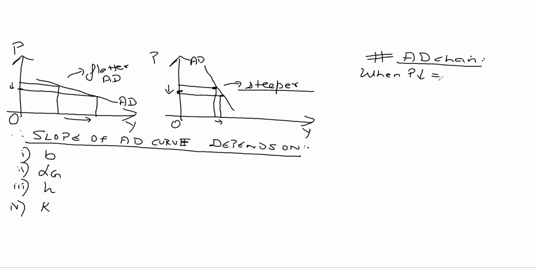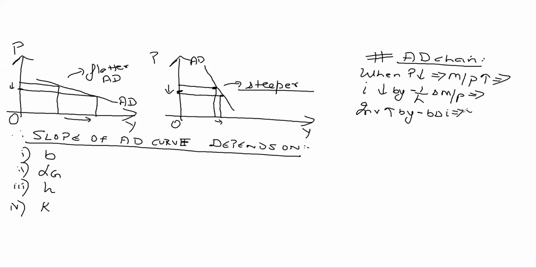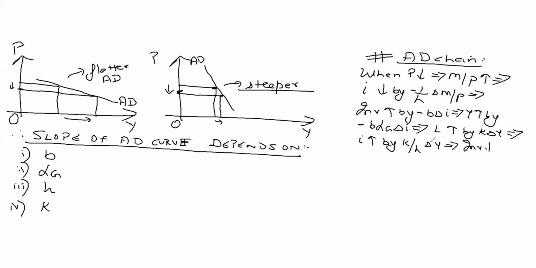When P falls, M by P goes up, interest rates fall by minus 1 upon H change in M by P. Investment rises by minus B change in I. Output rises by minus B alpha G change in I, which implies money demand rises by K change in Y, which implies interest rates rise by K by H change in Y, which implies investment falls by minus B change in I dash, which implies output also falls by minus B alpha G change in I dash.